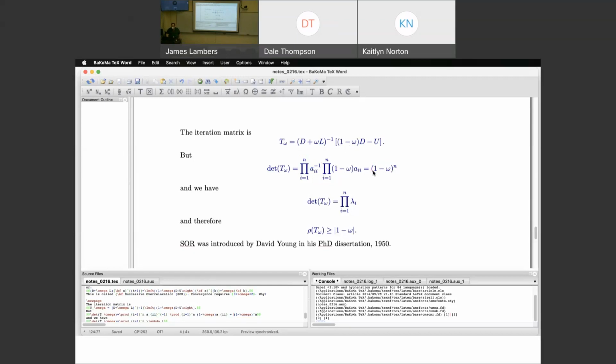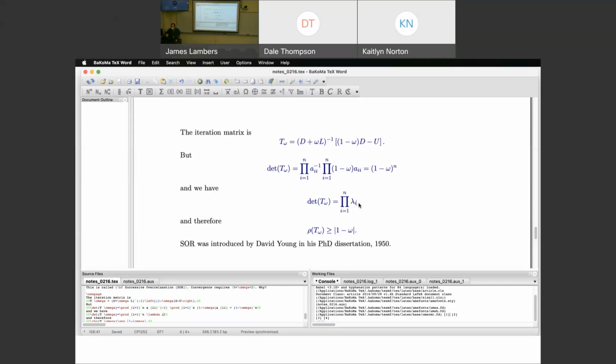But the determinant is also the product of all the eigenvalues, and also all the eigenvalues individually have to be less than 1, including the largest of these.